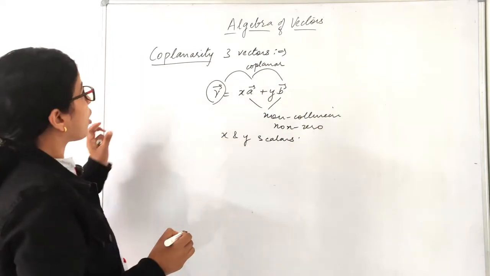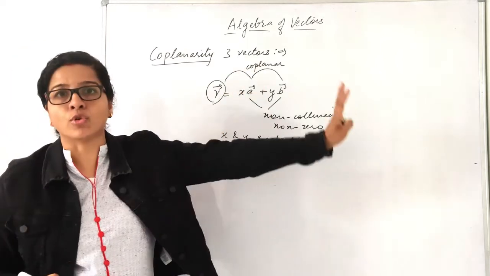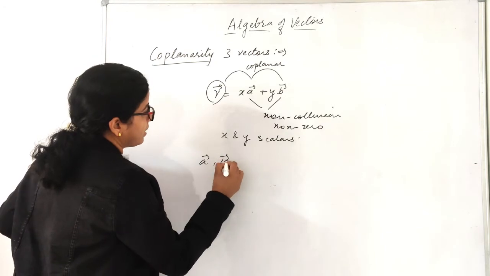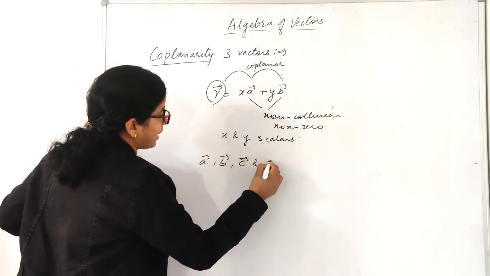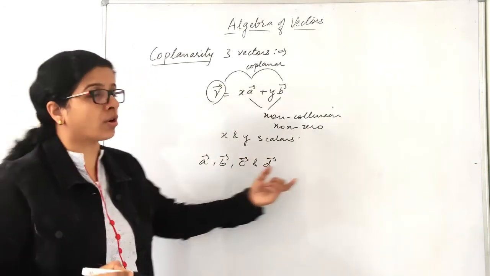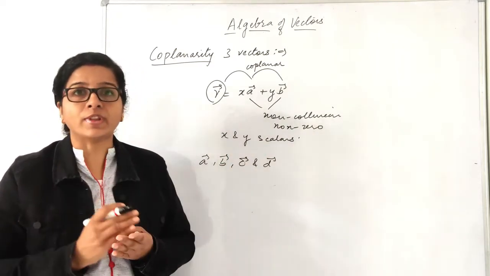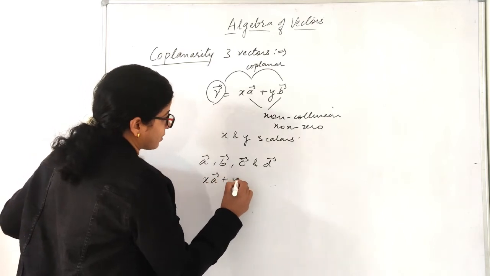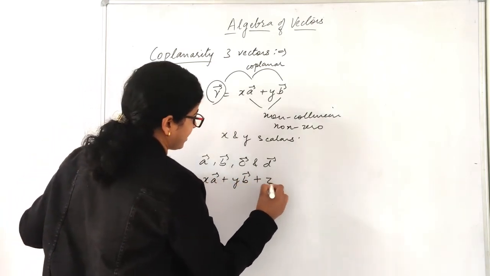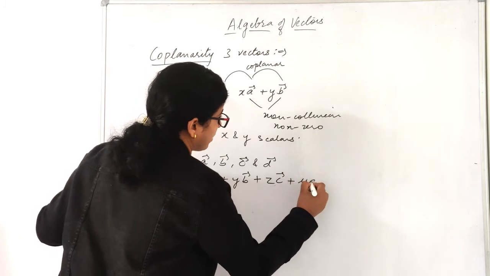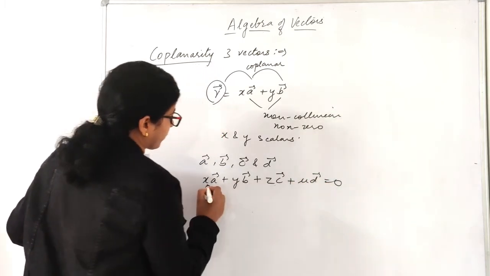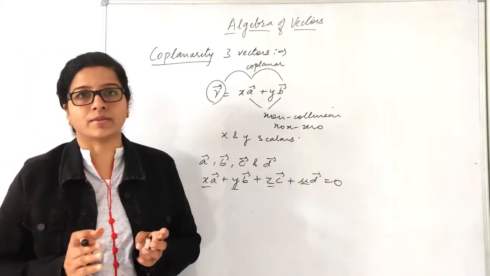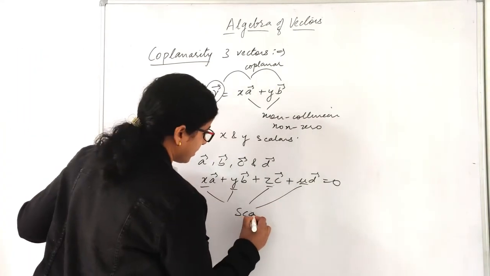So R can be expressed in this form, where x and y are scalars. Is that clear? If we are talking about the coplanarity of 4 vectors, let us take A vector, B vector, C vector and D vector as 4 non-zero non-collinear vectors, and if they are coplanar, then we can write xA vector plus yB vector plus zC vector plus uD vector equals 0, where x, y, z and u are scalars.